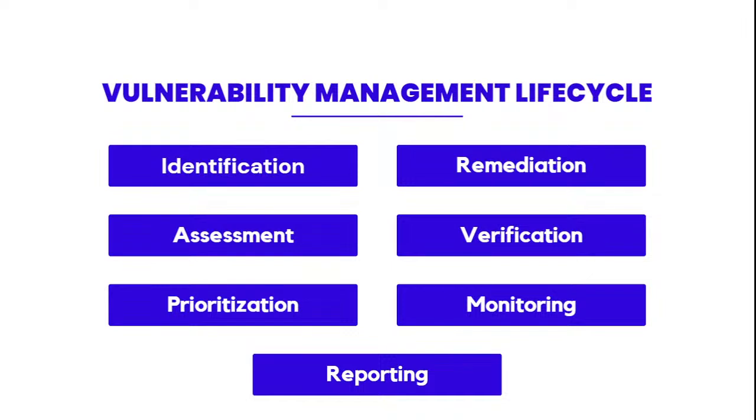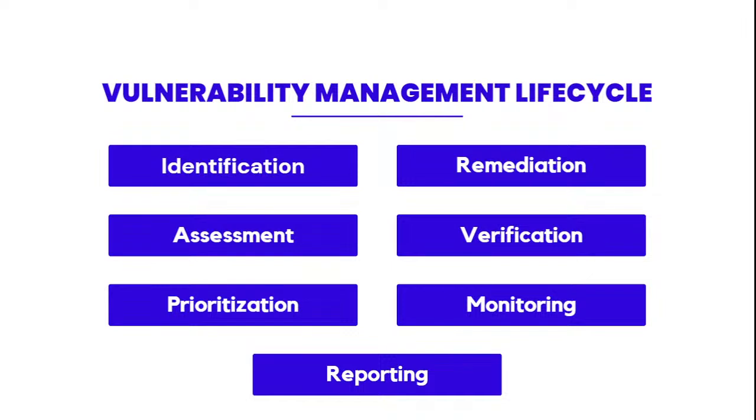So the very first thing that you have to do is identify the vulnerability. Suppose you are working for any kind of organization, the very first thing you should do is identify the vulnerabilities present in that network.